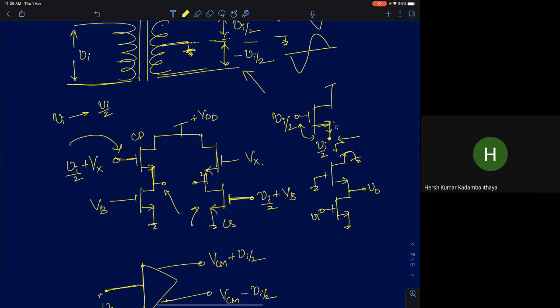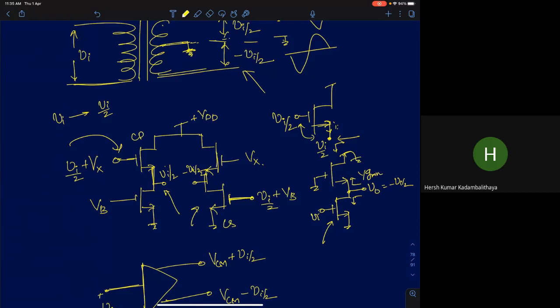What will be the voltage at this point? Looking up, the resistance is 1 by Gm. Looking down, the resistance is infinity. So the output resistance is 1 by Gm, where Gm is the transconductance of this device. So V0 will be minus Vi by 2. So what I've generated here is Vi by 2 and minus Vi by 2. So I've generated two voltages which are differential in nature.